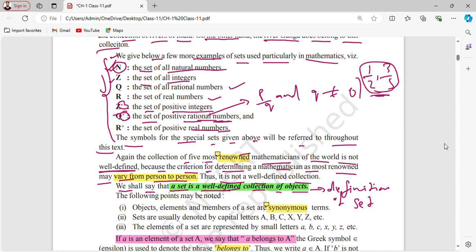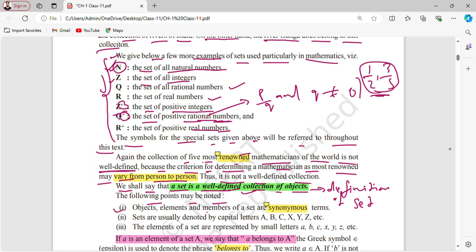So this type of defined collection of objects is always considered a set. If we define any particular collection of objects, or any people in this world define a collection of objects, that type of collection is always considered a set.